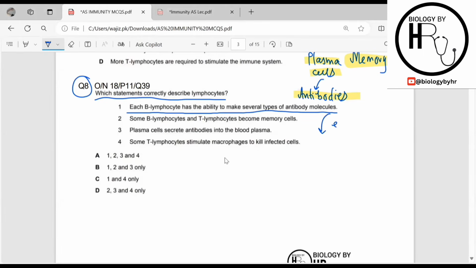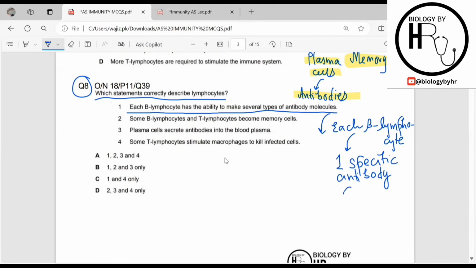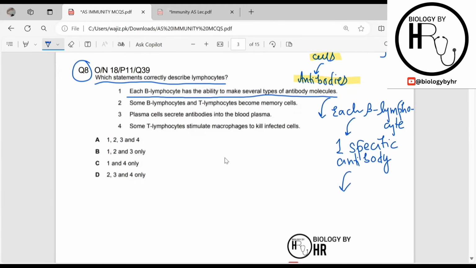I know that each B lymphocyte is specific to only one type, or one specific antibody. Each B lymphocyte is going to make one specific antibody which is complementary to the bacterial antigen that has activated that B lymphocyte.